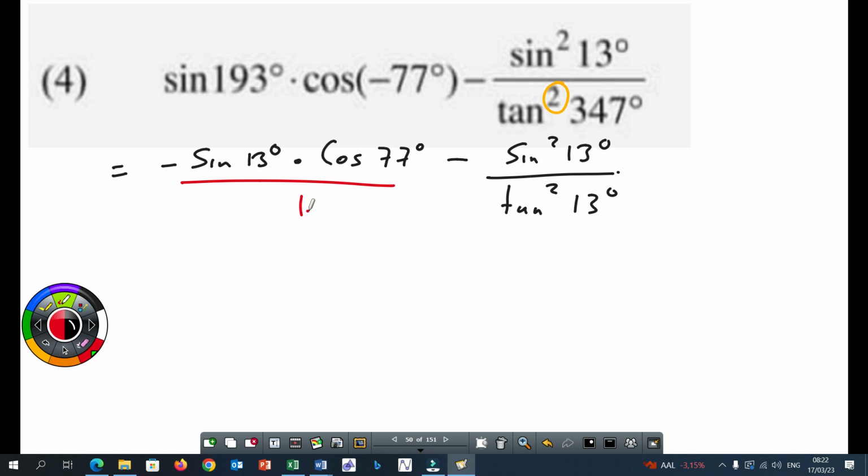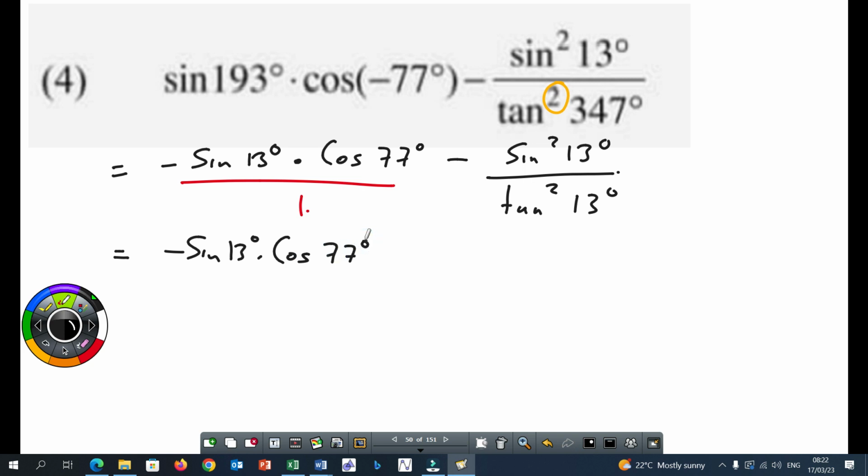Your knowledge of fractions is very, very important. So the LCD is going to be tan squared 13. So what this means is this is going to become minus sine 13 degrees times cos 77 degrees.